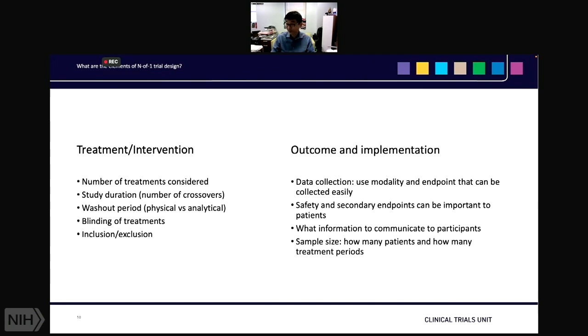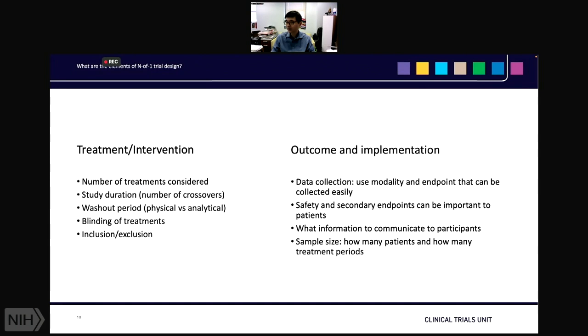It is true in an RCT, but I think it's more important in an N-of-1 trial, in that at the end of the trial, patients will make a treatment decision based on the result of the N-of-1 trial. And usually patients would take into account a number of factors in addition to the primary endpoint, because in an RCT, in some way we define the primary endpoint, power the study based on the primary endpoint, and then run the study and make a decision.